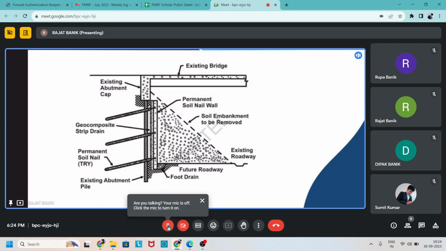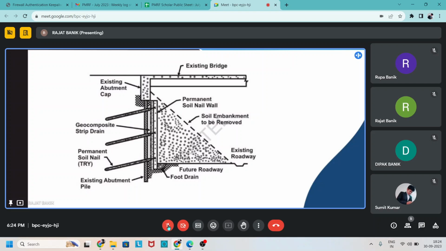If around the bridge embankment we do not apply the soil nail, the existing or original slope is in dashed lines like that. Due to this, the flow below this bridge is obstructed by the slope, and there may be a possibility of scouring, which is dangerous and can cause bridge failure.